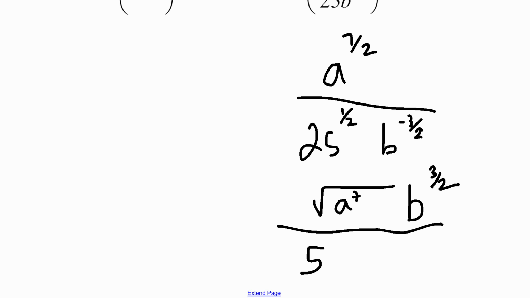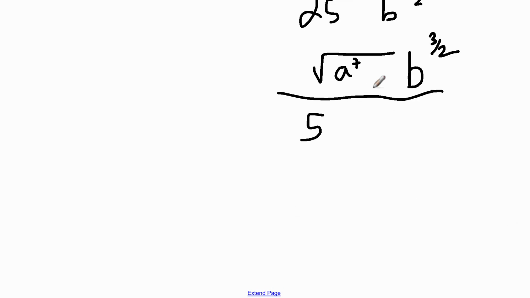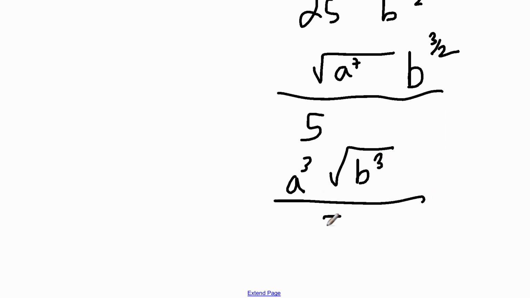Now a bit more simplifying here. Square root of a to the 7th, this is square root. There's 7 a's in there, so I could bring 6 of them out, and they'll become 3 outside, a cubed outside. Oh, I forgot, I could bring 3 of those a's out, but I'd be stuck with 1 inside there.